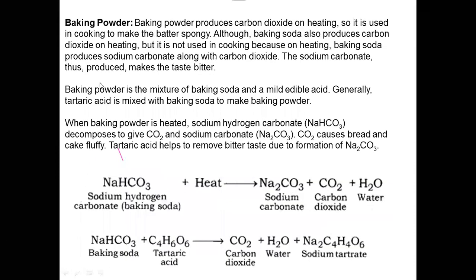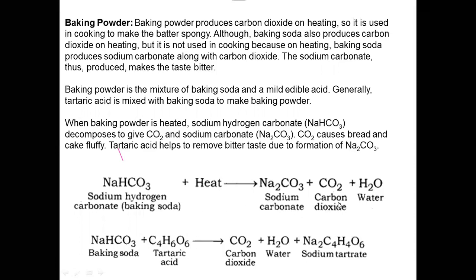So next is baking powder. How is baking powder prepared from baking soda? Baking powder produces carbon dioxide on heating, and is used in cooking to make the batter spongy. So how is it prepared? When sodium hydrogen carbonate, that is baking soda, is heated, it loses carbon dioxide and H2O.